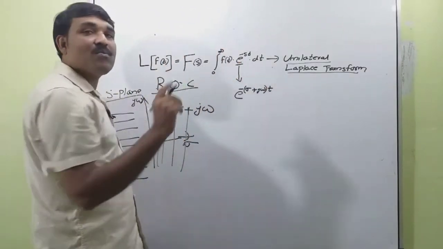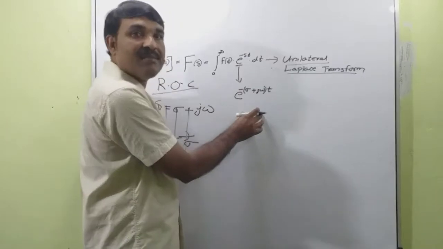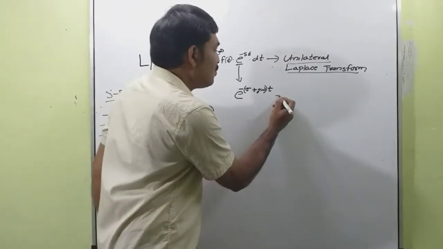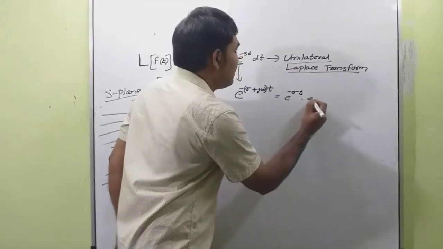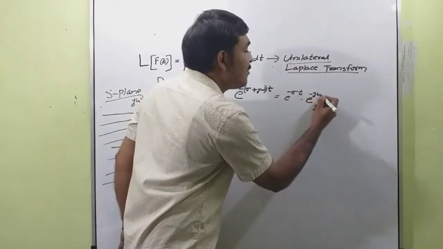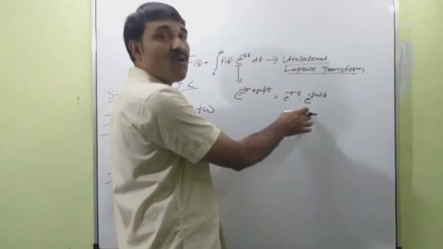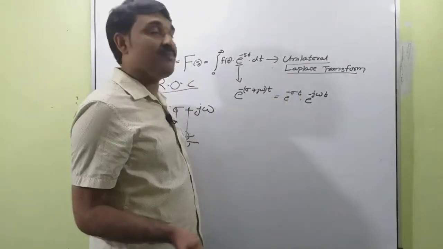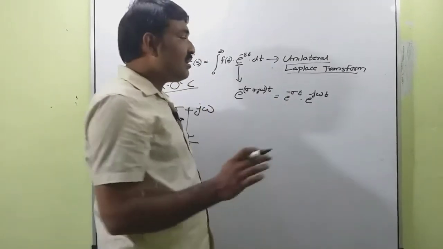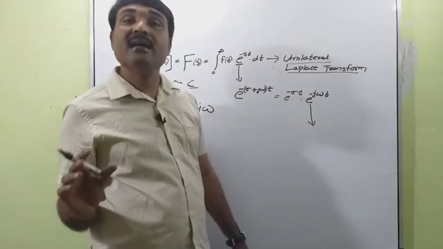That is the e raised to minus st term. Now I am splitting this term into e raised to minus sigma t into e raised to minus j omega t. So I can write it in this form. Now e raised to minus sigma t is called the attenuation term, and this is our phase term. Now what is actually e raised to minus j omega t?